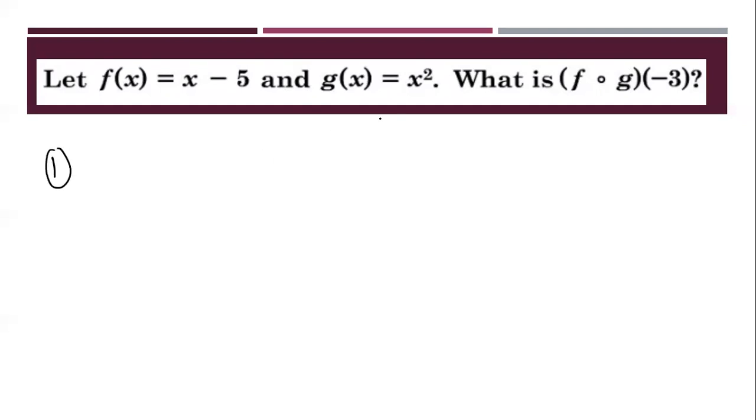So step 1 is to look at what you have. So this time we have f composed of g at -3. So that means we're going to go from f composed of g at -3 equals f of g of -3.